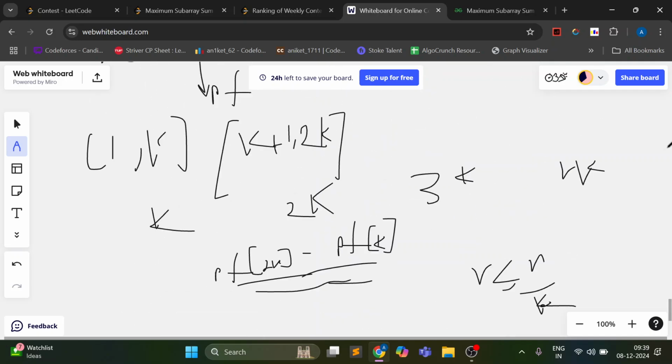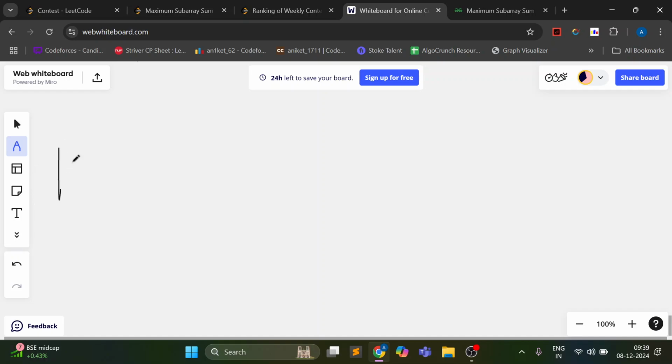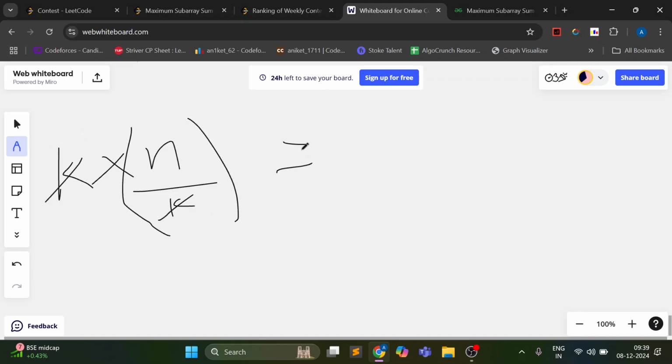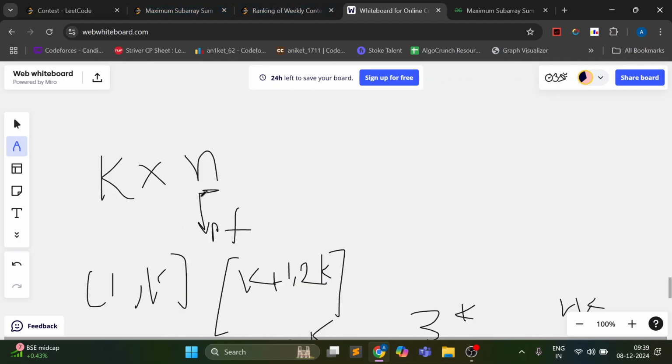So you will iterate on endpoints. So k into approximately n by k endpoints, so k will cancel and the complexity would be approximately linear, n. So this is the solution for the third problem.